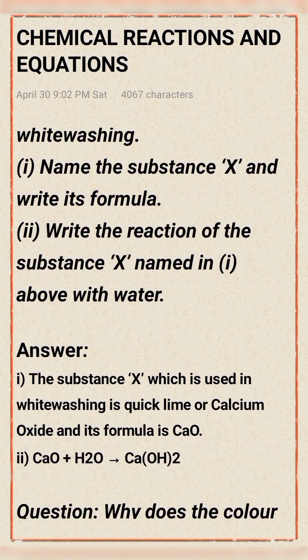Answer, the substance X which is used in whitewashing is quicklime or calcium oxide and its formula is CaO. Second answer, calcium oxide CaO plus water H2O forms calcium hydroxide, that is Ca(OH)2.